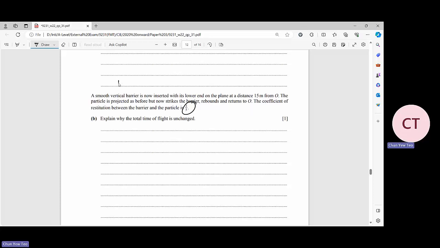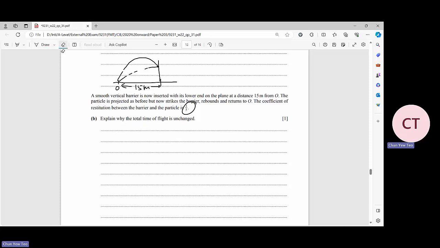So if you consider the diagram, there's a barrier here, 15 meters from O. When you project the particle, it will hit the barrier, and after that, it will rebound back. Okay, so for this case, we need to explain why the total time of the flight is unchanged.